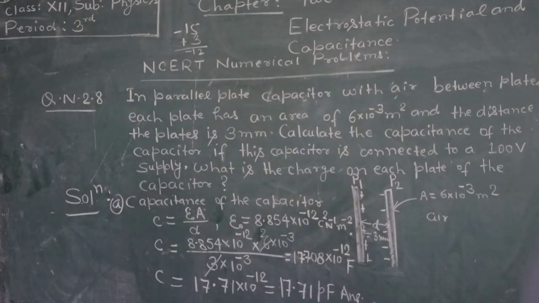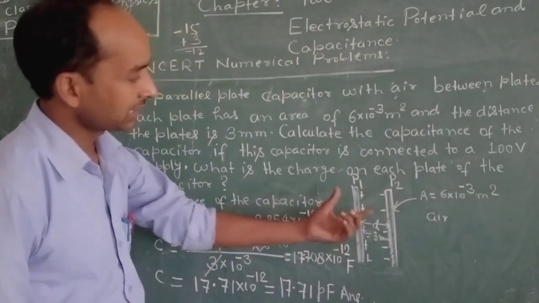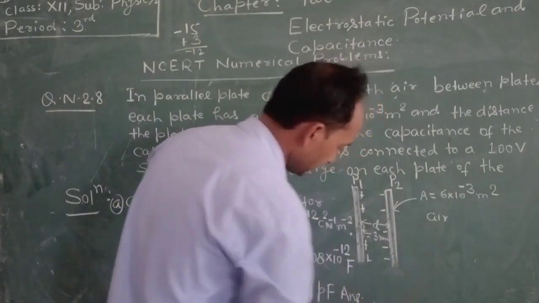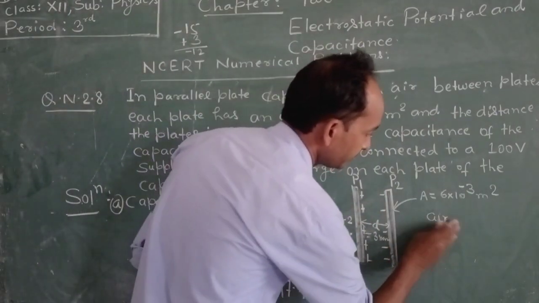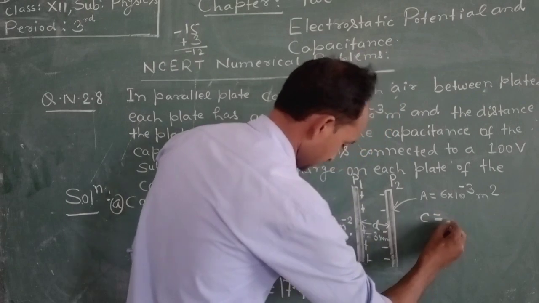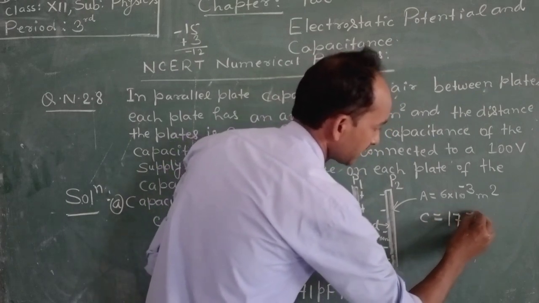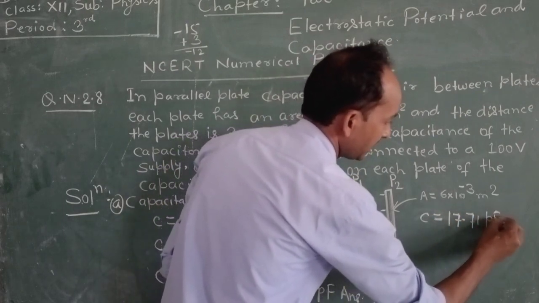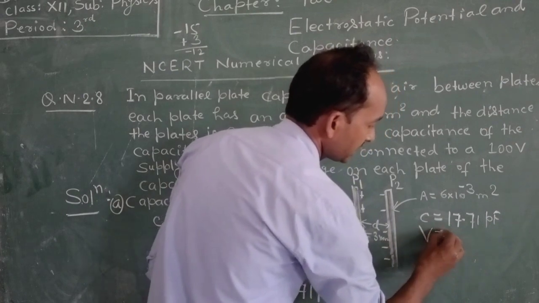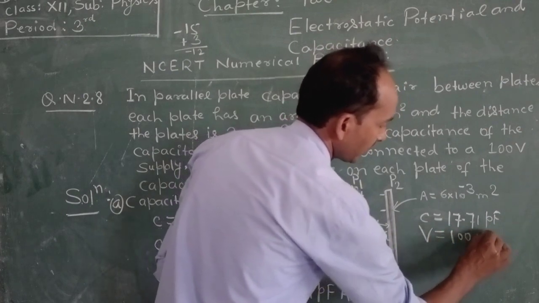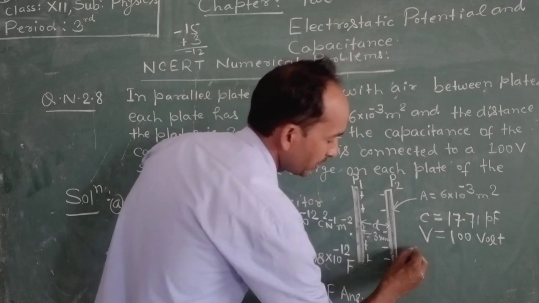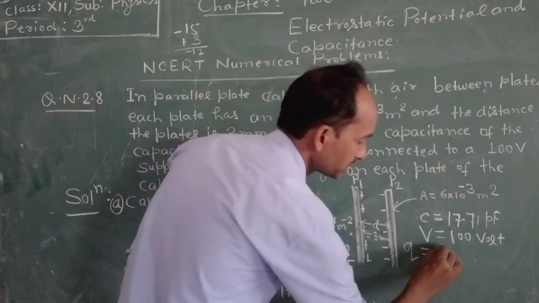The second part is what is the charge on each plate. C is given as 17.71 picofarad, and V is equal to 100 volt. Therefore Q equal to CV.